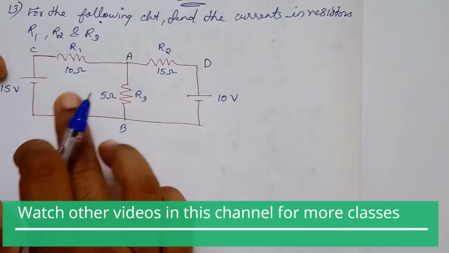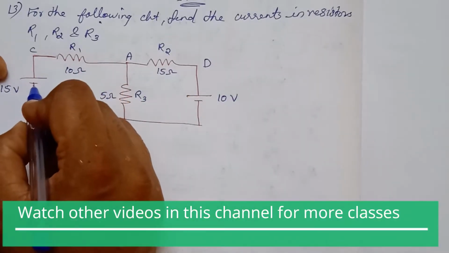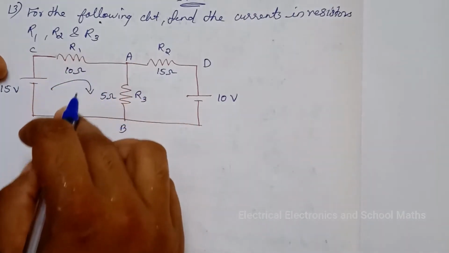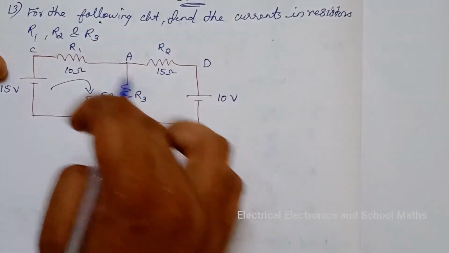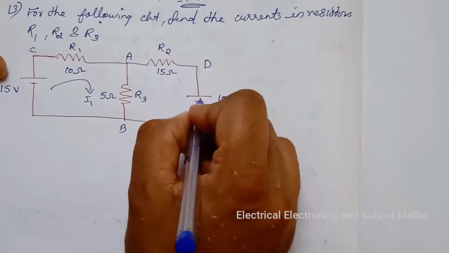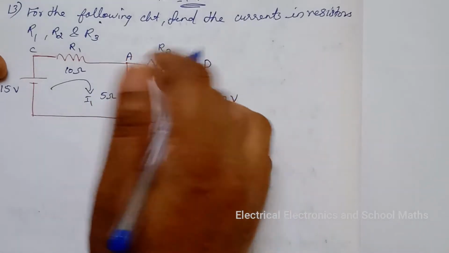First assume current directions. Let clockwise direction be the current in the loop A, B, C, A, and here there is a potential rise in the battery in this way.